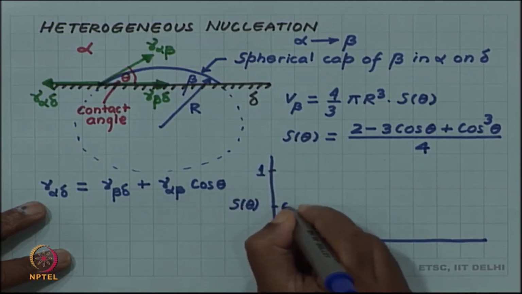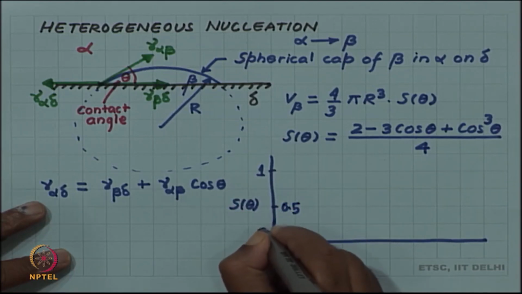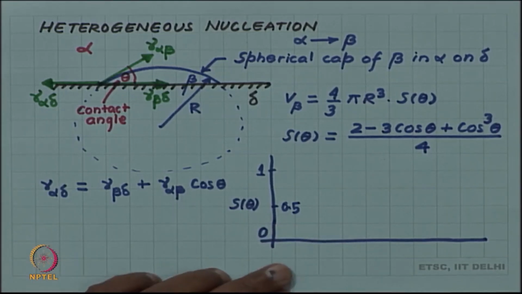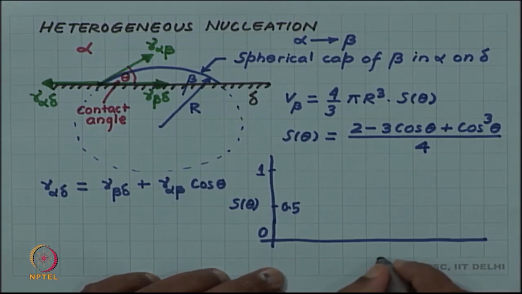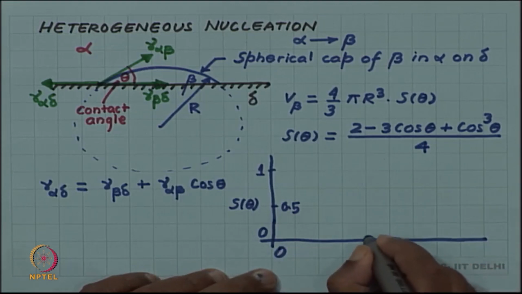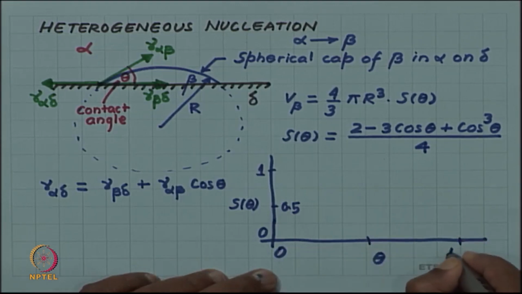This is 1, this is 0.5 and this is 0, and the contact angle theta varies between 0 to 180 degree.